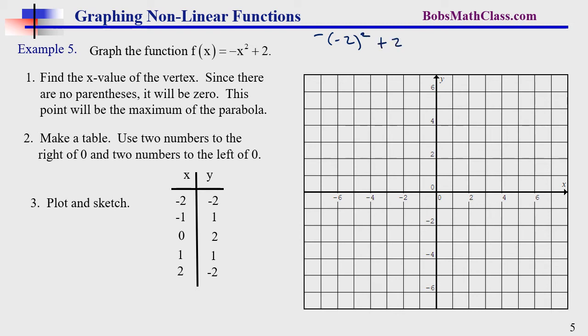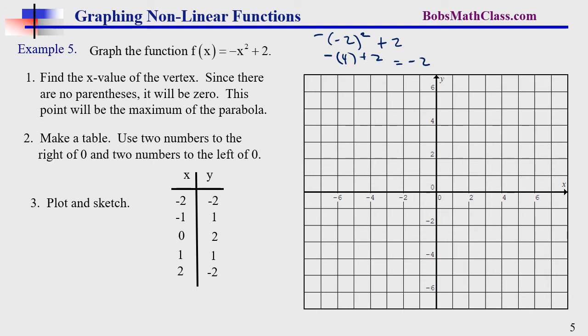Notice I used parentheses. I replaced the x with -2, but I had to put in parentheses. So -2 squared is 4, but then we still have a negative in front. So that's still -4 plus 2, and that equals -2. So some people get confused with all these negatives.